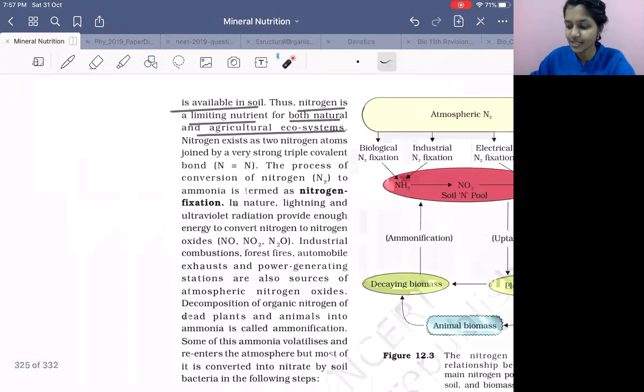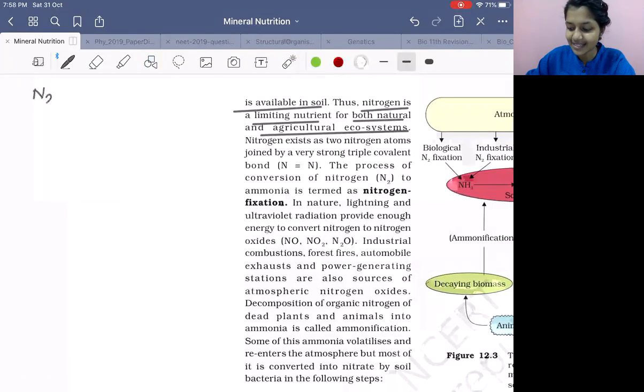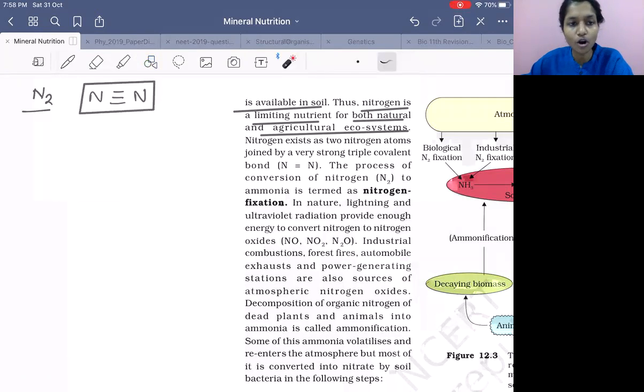In nature, if you see, in the atmosphere, nitrogen exists as a gas, N2, N triple bond N. The problem here is that plants cannot obtain this N2. Plants cannot absorb this N2. That is the problem.